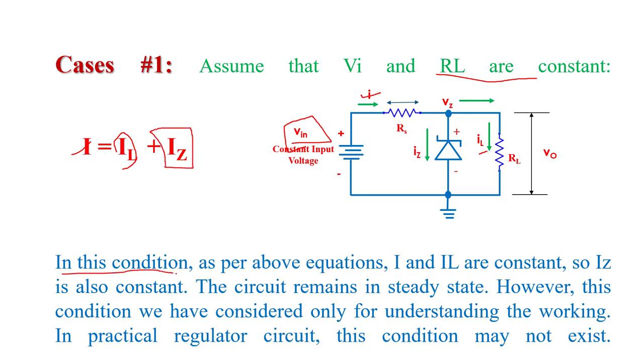So in this condition, as per the above equation, I and IL both are constant, so Iz is also constant. This circuit remains in steady state condition. However, this condition is considered only to understand the working of the voltage regulation. Or we can say that in a practical regulation circuit, this condition may not exist. So this is the first case.